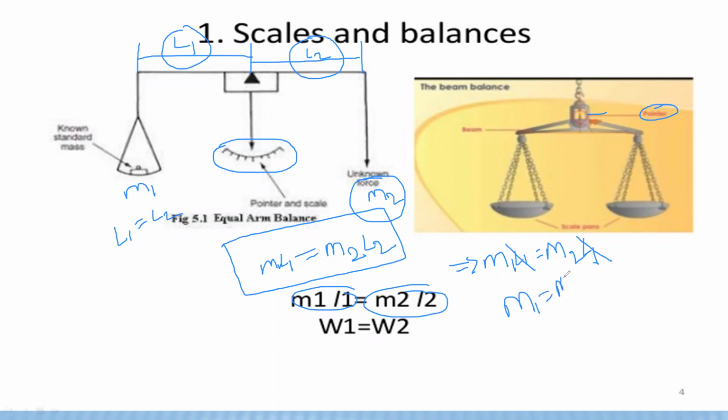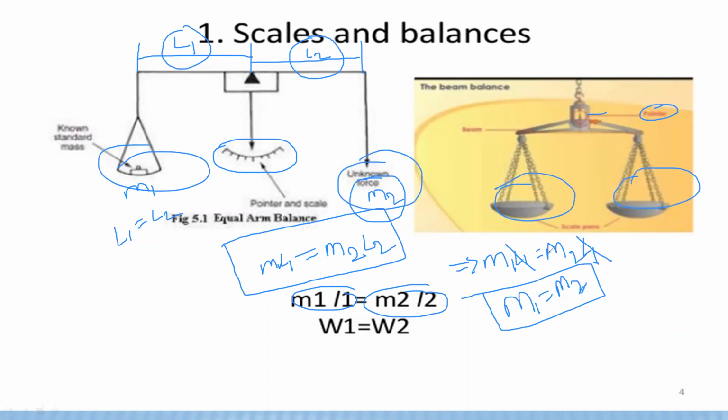That is, mass 1 is equal to mass 2. In the equilibrium position, these two masses M1 and M2 are equal. That means weight W1 is equal to weight W2. These two weights are equal in equilibrium position.